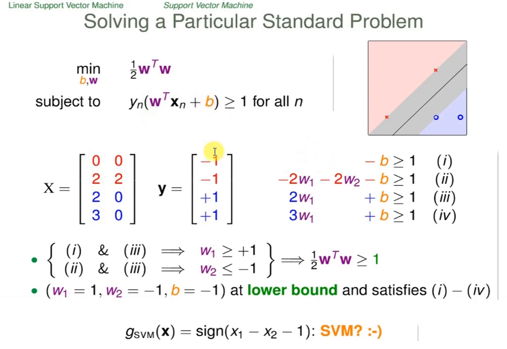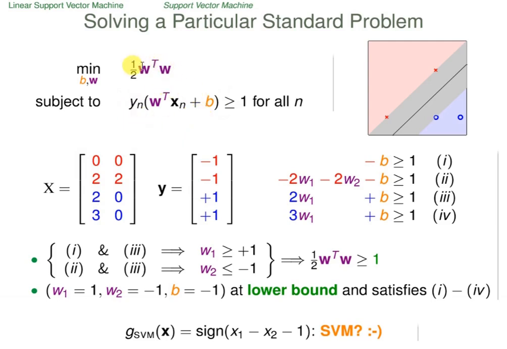We're left only with the negative b, which is obtained by negative y multiplied with positive b, giving us negative b greater than or equal to 1, right? For the next one, 2 w1 negative, we multiply by negative, and then negative 2 w2 minus b should be greater or equal to 1. Again, for each of these 4 examples, we require this constraint to be true.